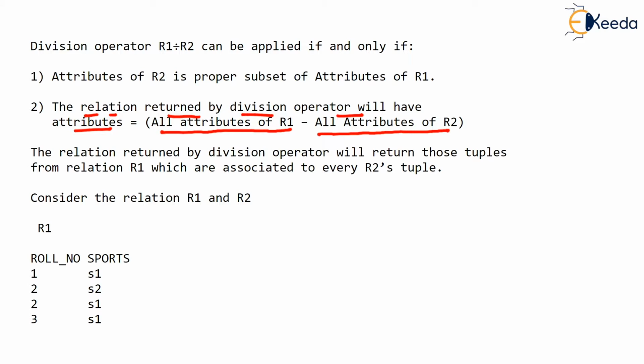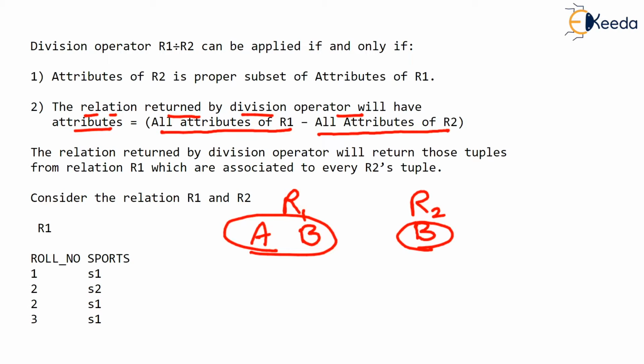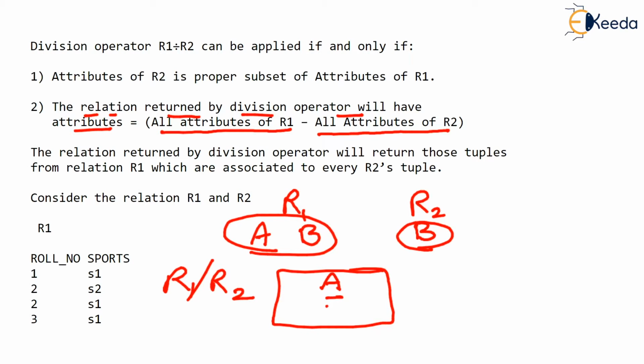To understand this, suppose R1 has A, B and R2 has B, and we want to do R1 divides R2. It is possible because B is a subset of A comma B. But what will be the result? In R1 divides R2, we will get only one column A under which we will get values.